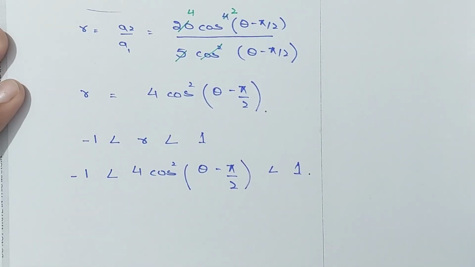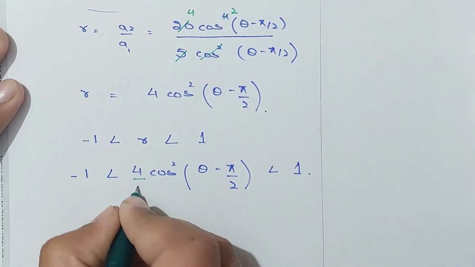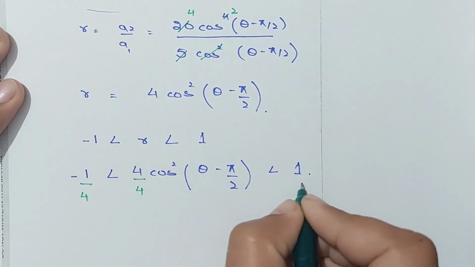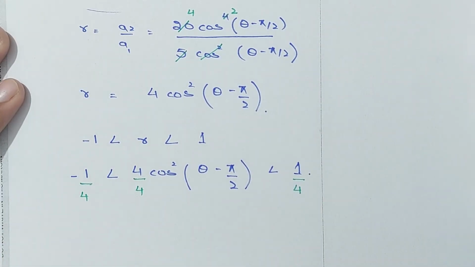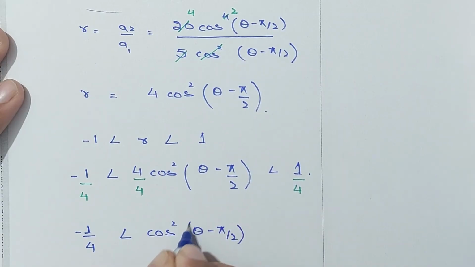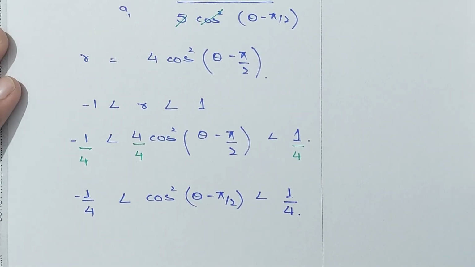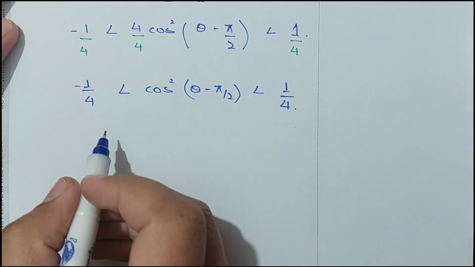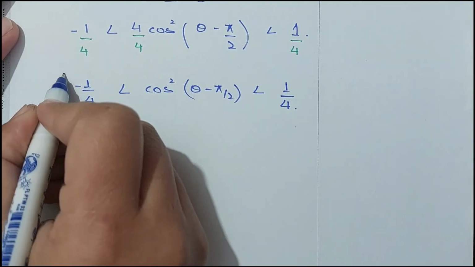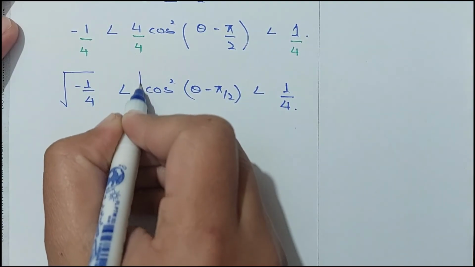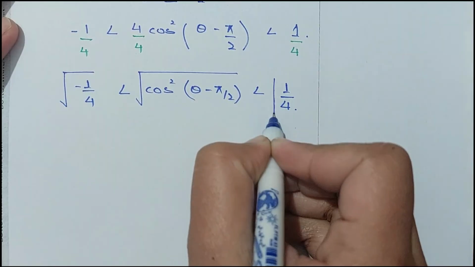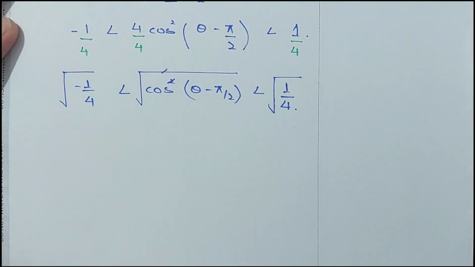So the first step is you have to divide all the terms by 4 because we have to solve for theta. Minus 1 by 4 is less than cos squared of theta minus pi by 2, which is less than 1 by 4. For further simplification, we take the square roots to get rid of the square. The square and square root cancel out.